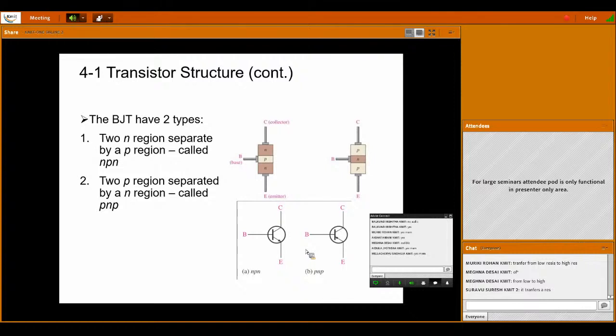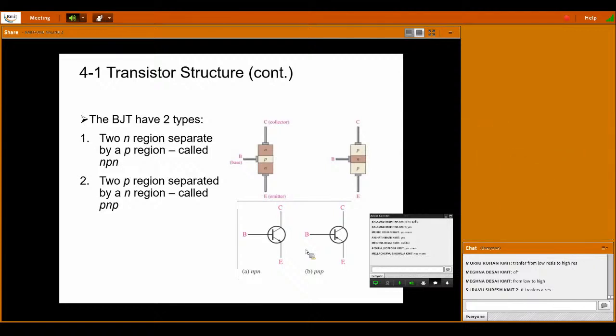In an NPN transistor, the arrow is directed towards the emitter, whereas in a PNP transistor, the arrow comes from the emitter and is directed towards the base. So this is the original current direction in NPN and PNP transistors. Is it clear, everybody? Right?